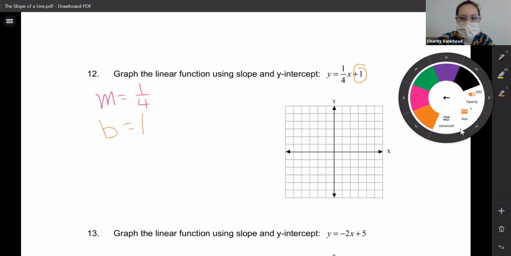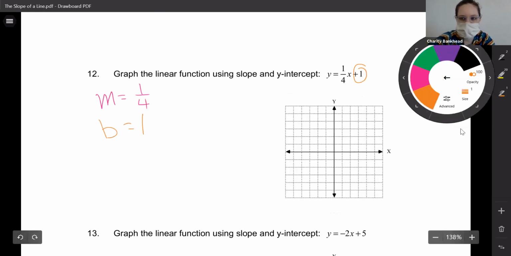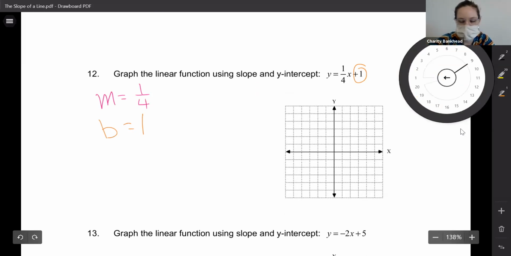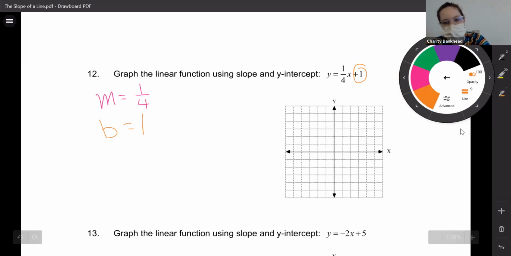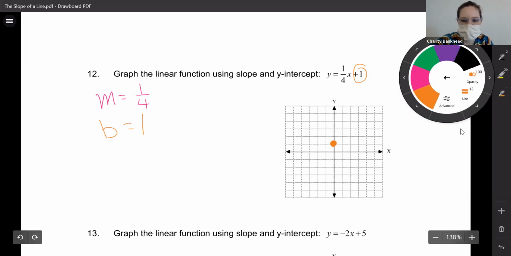Whenever I graph the line, I like to just plot my y-intercept first. Okay, so there's that. And now my slope is 1/4, which means from that point I just plotted, I'm going to go up 1 and over 4.